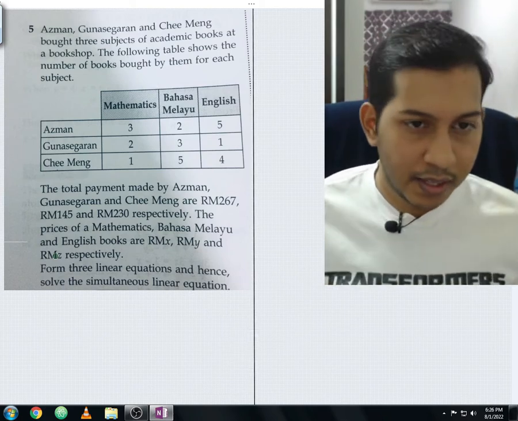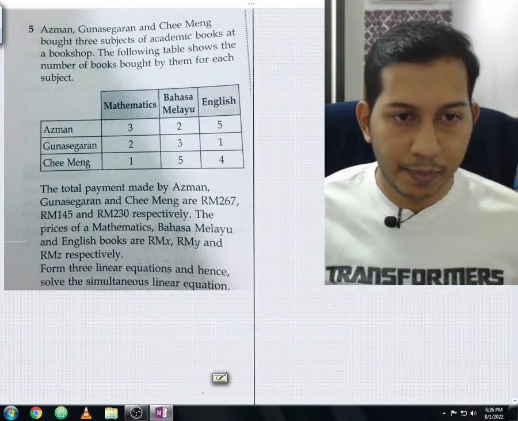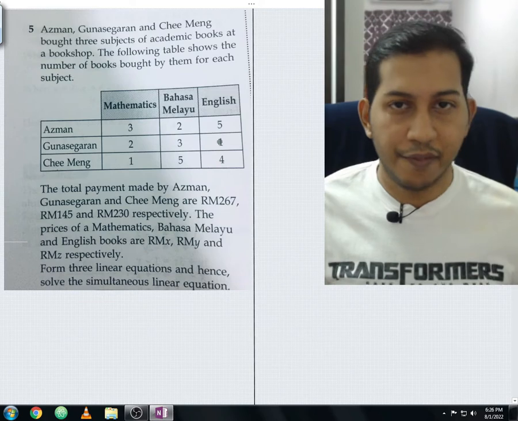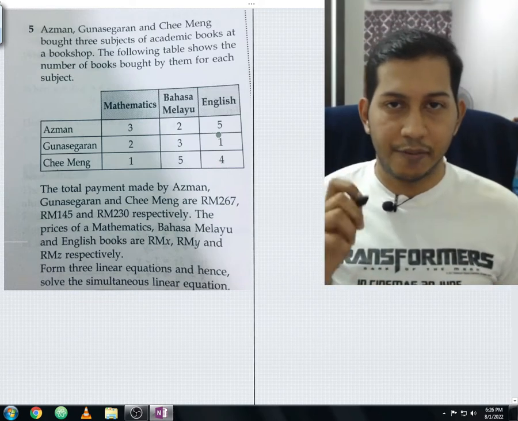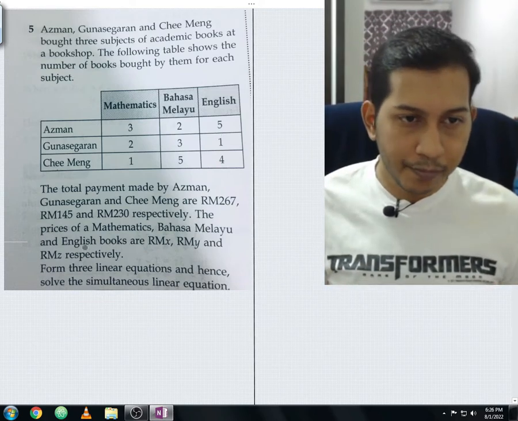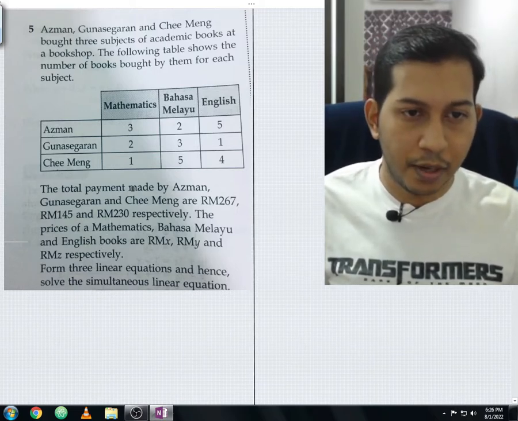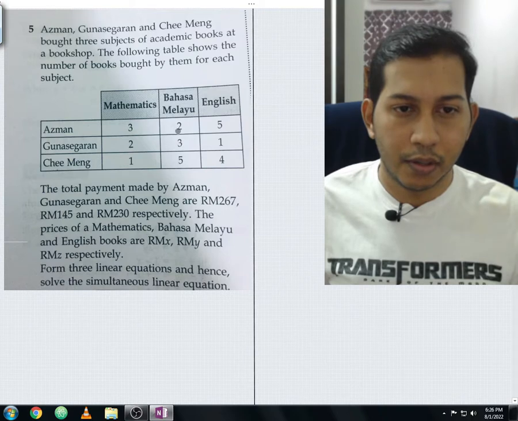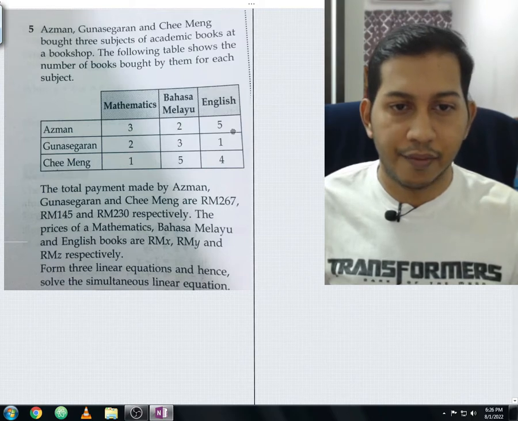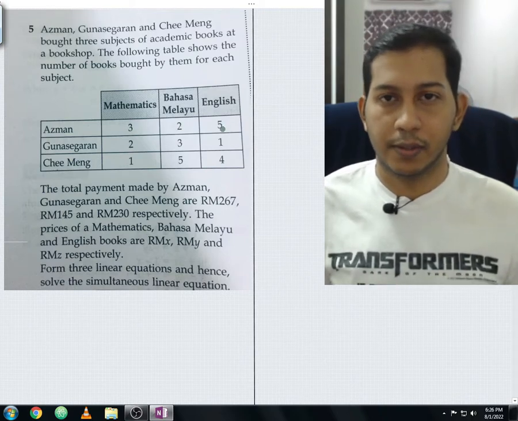Okay, so our very first step is to convert this information into the equation. Let us begin with Azman. Azman bought 3 mathematics books, 2 Bahasa Melayu books and 5 English books.